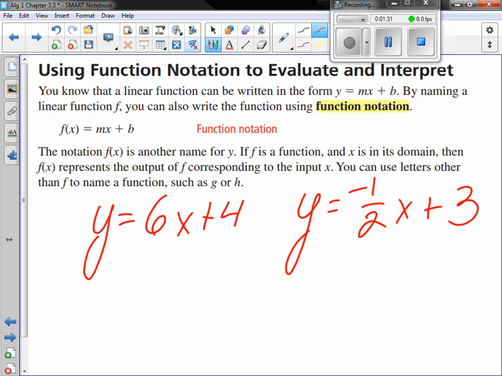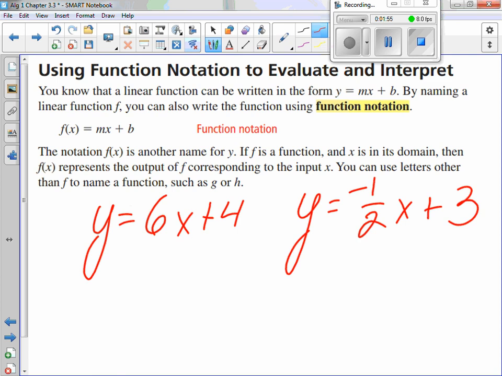Which function am I talking about? There are 2 functions up there, aren't there? I was telling you to plug 2 into this one. Would you know which one I'm talking about? Well, no, because they both are in terms of y.